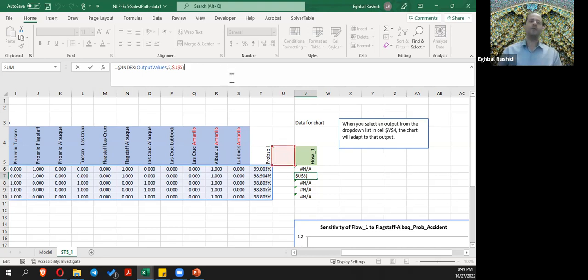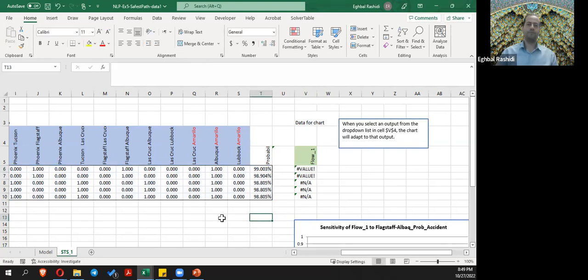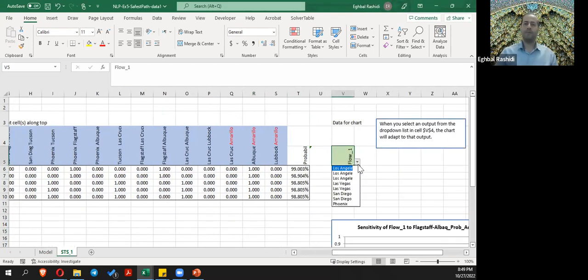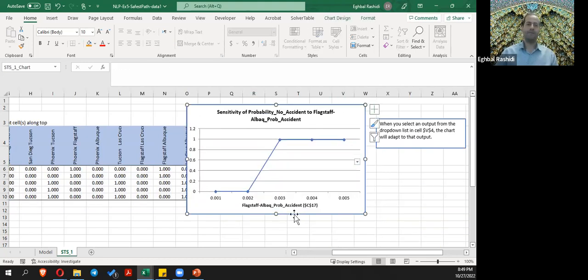The output values. Go to the probability of having no accidents.